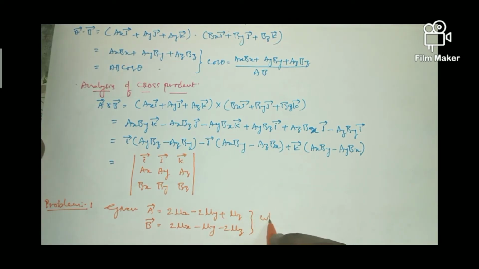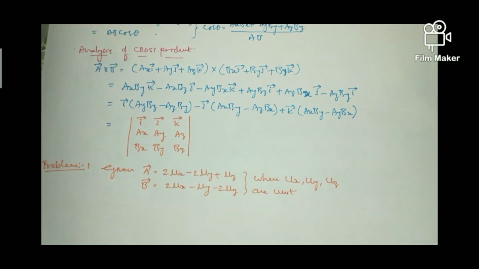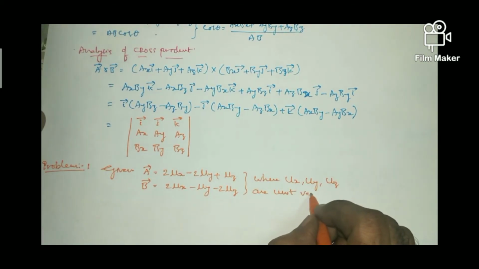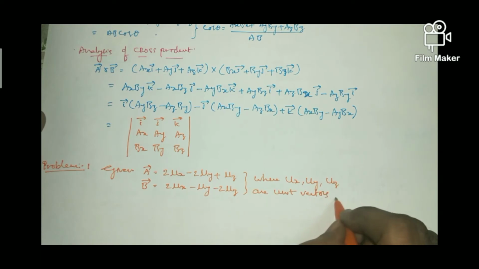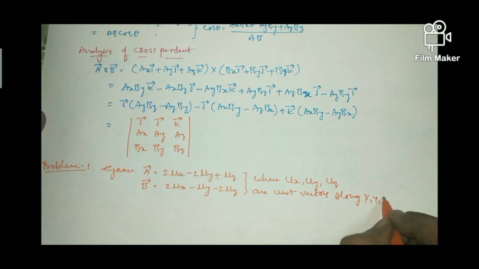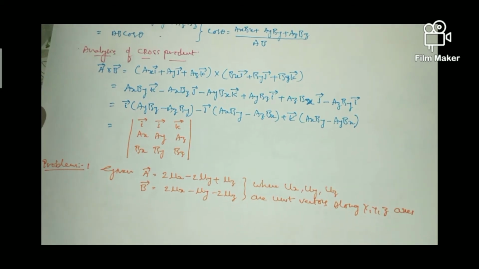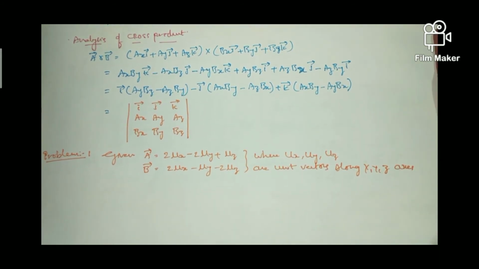Here ux, uy, uz are the unit vectors along the x, y, z axis, and we are asked to find out the angle between a bar and b bar using dot product and vector product.